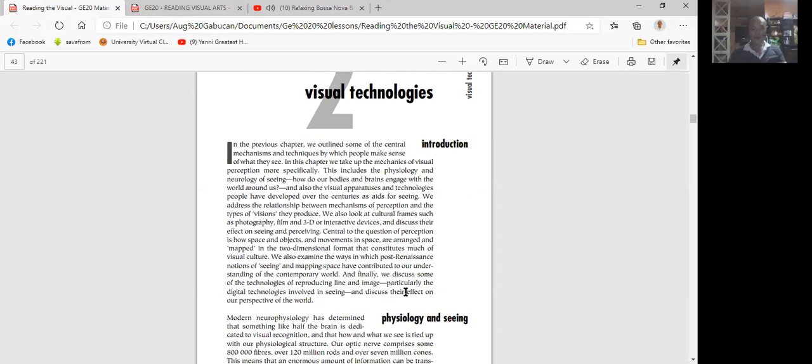We also examine the ways in which post-Renaissance notions of seeing and mapping space have contributed to our understanding of the contemporary world. So somehow we cannot really deny the influence of the Renaissance period on our modern world. And finally, we discuss some of the technologies of reproducing line and image, particularly the digital technologies involved in seeing, and discuss their effect on our perspective in the world.